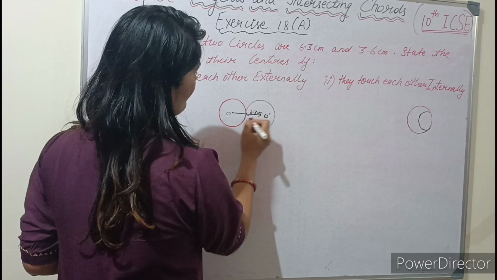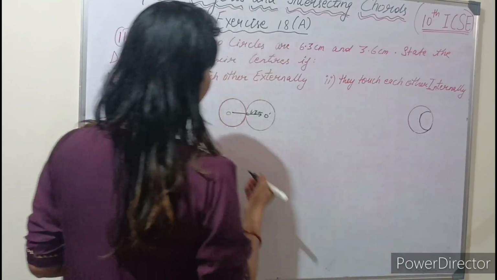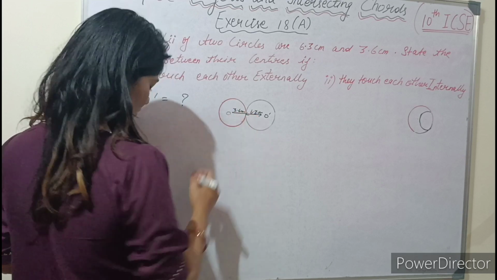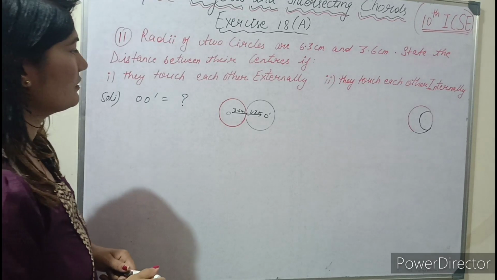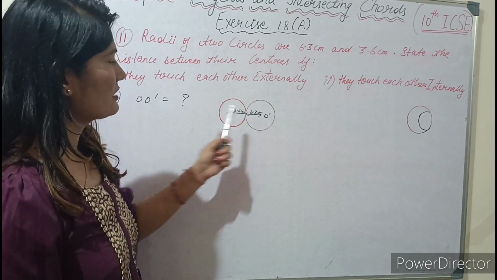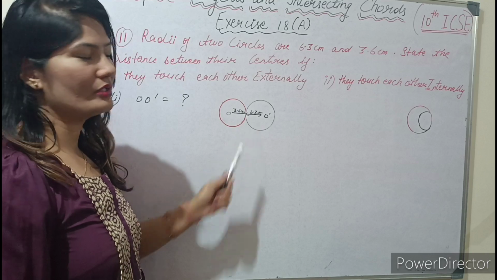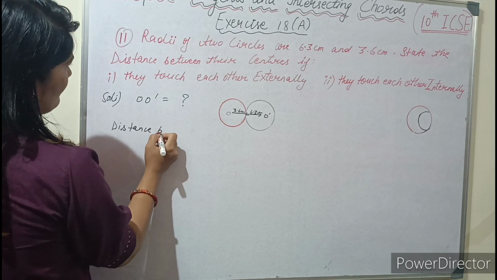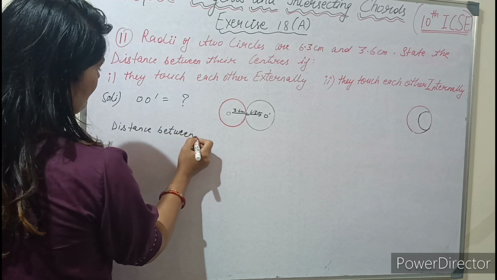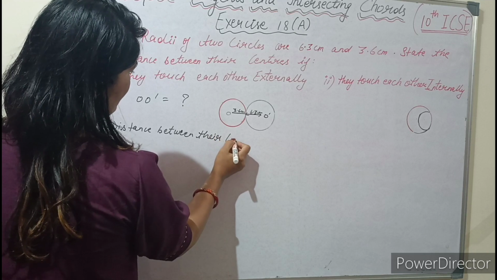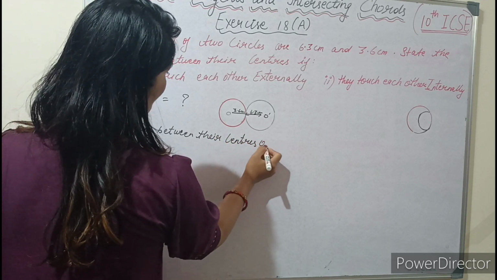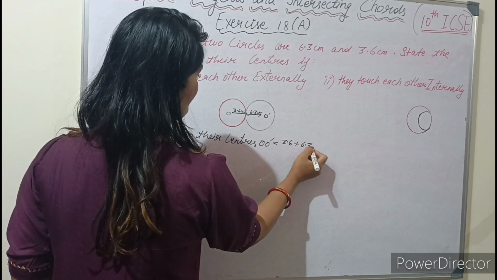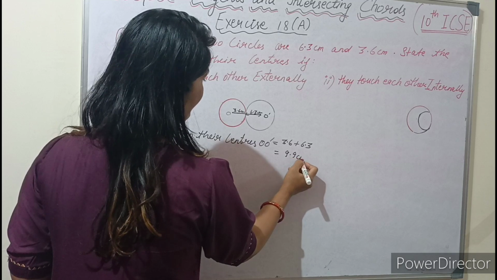And for the small circle, the radius is 3.6 centimeter. So it's very obvious from the given figure that the value of this OO dash is simply 3.6 plus 6.3. So the distance between their centers, OO dash, is equal to 3.6 plus 6.3, that is 9.9 centimeter.